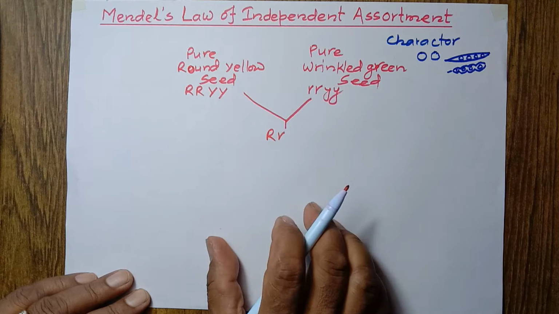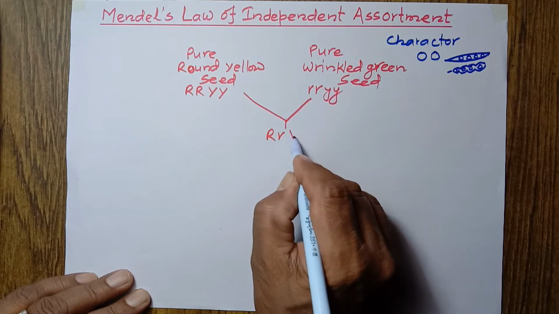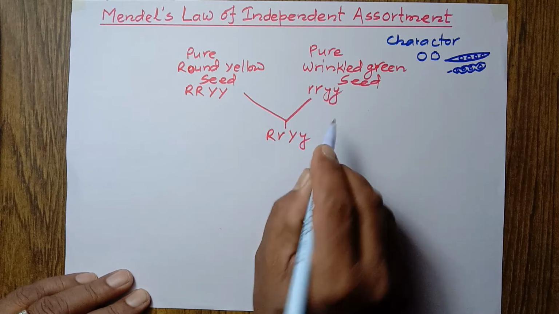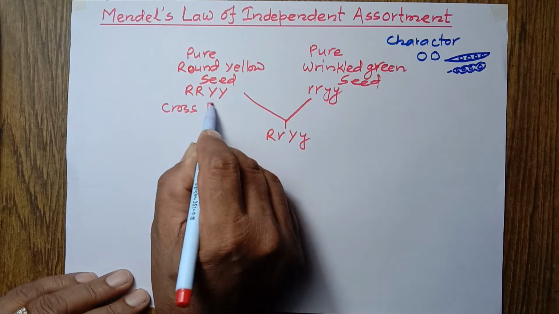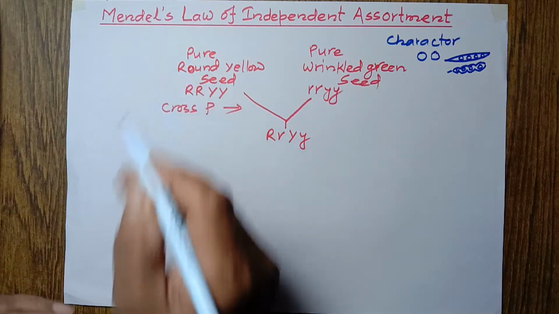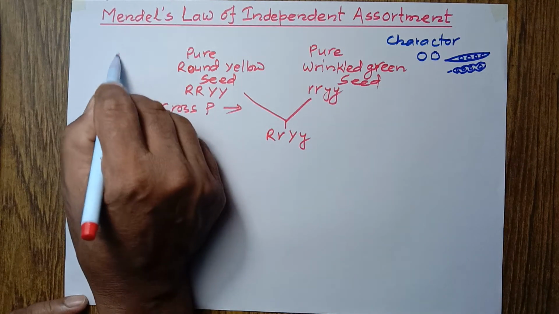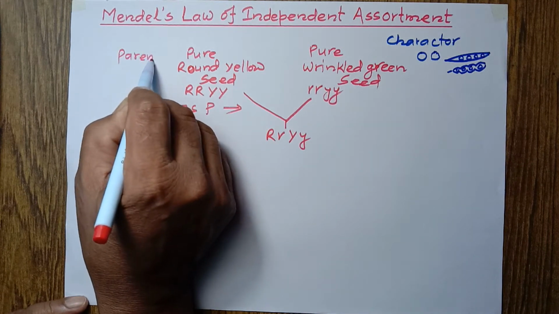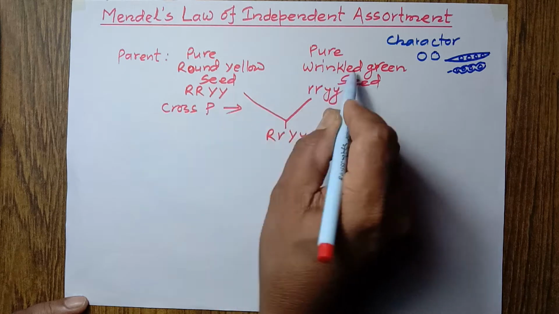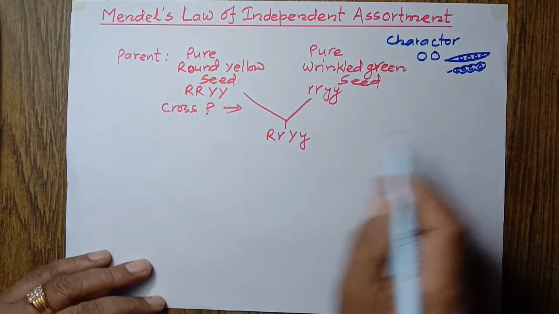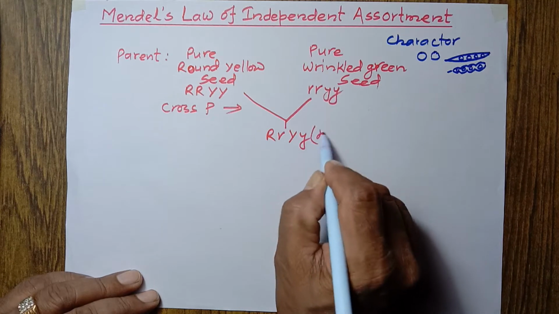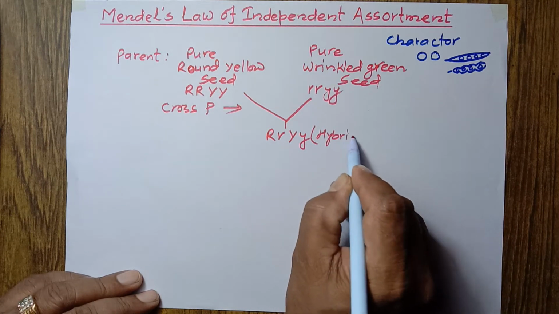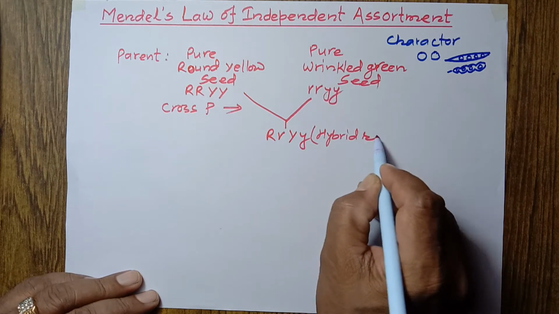Hybrid round is denoted by this, and hybrid yellow is denoted this way. And this is cross pollination. And this is the parent: pure round yellow and pure wrinkled green, and this is the hybrid round yellow.